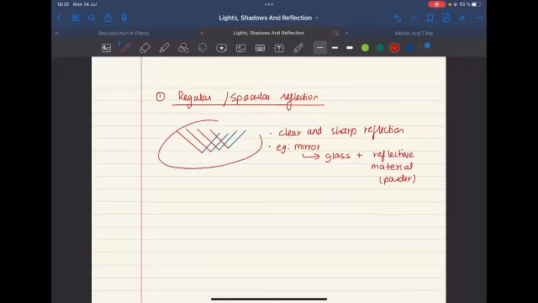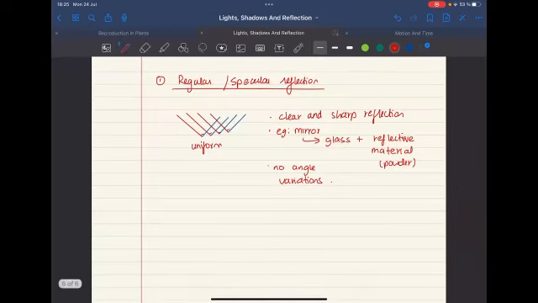You can see it's uniform. There is not much variation in the angle. All the angles are the same, so no variation in the angles. This means that the haziness and the blurring are almost entirely eliminated.